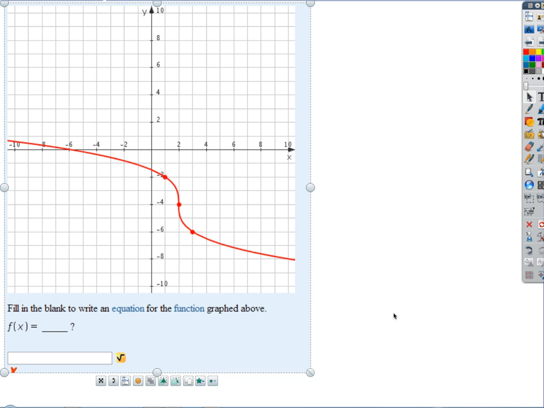This isn't mine, I'm pulling this off one of your tests. So let's look at this one. Square root or cube root? Cube root. Okay, cube root.